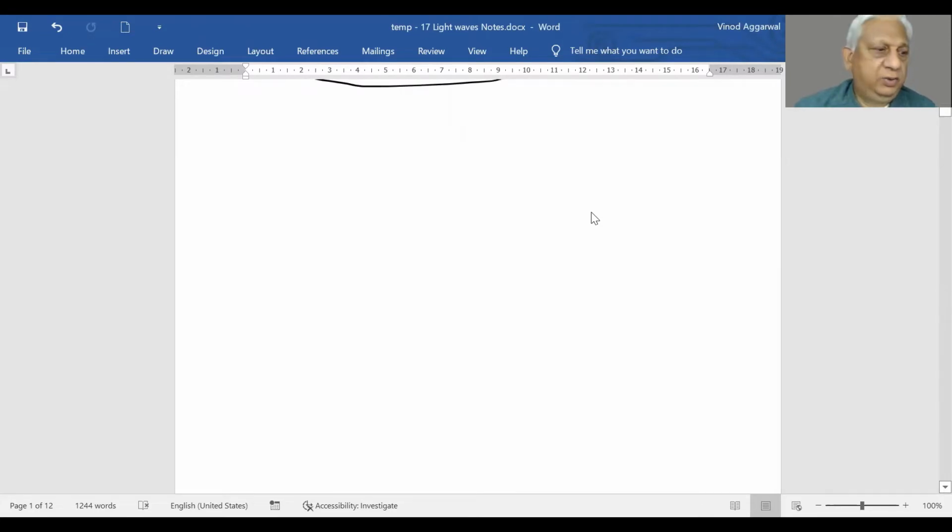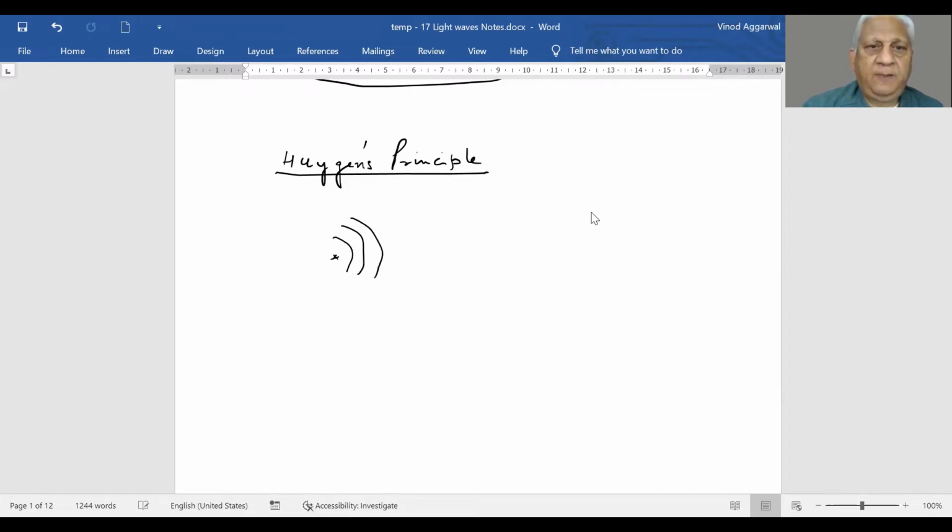Next thing is Huygens principle. What it says is, suppose you have a light source, it starts emitting waves all around it in a spherical fashion.